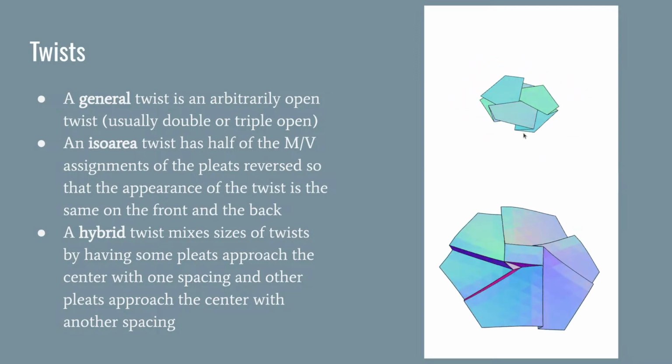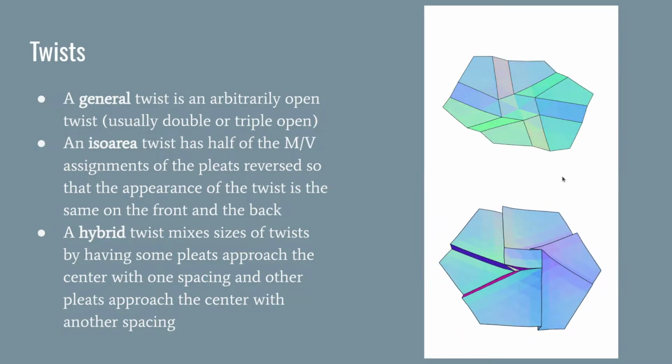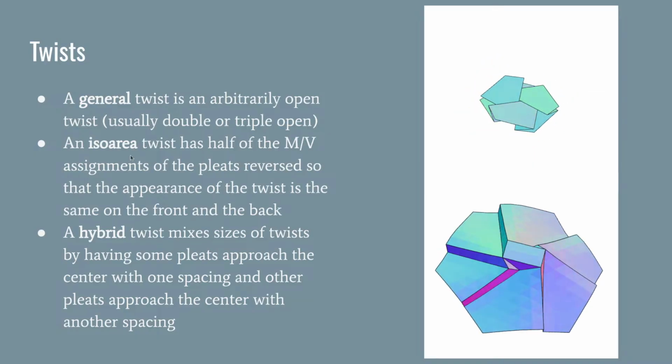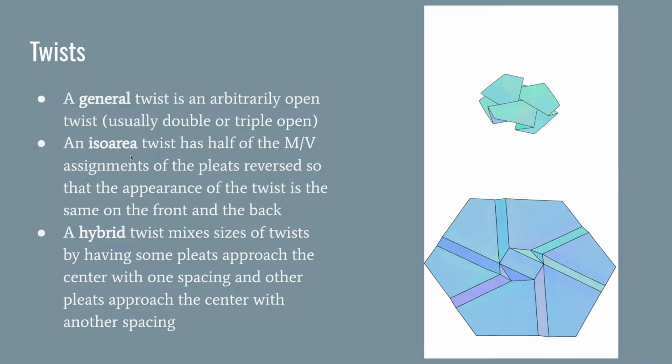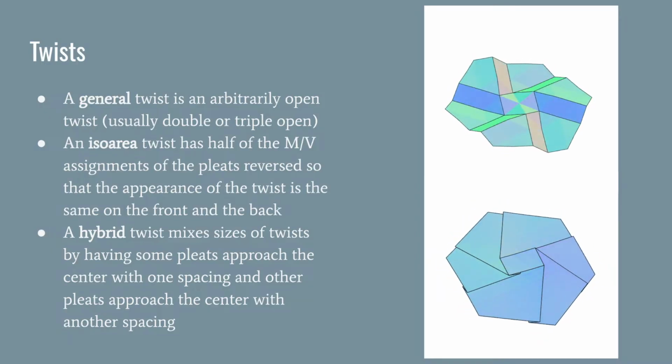So that actually gets the same setup on both sides of the paper. And isoarea, what it means is same on both sides. So that can be applied to a twist, it can be applied to a whole pattern.